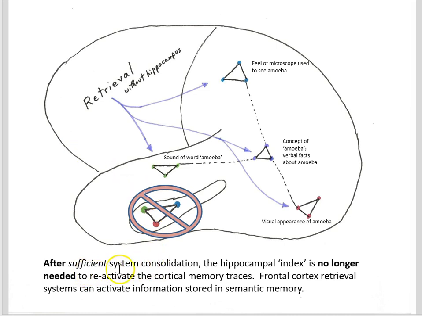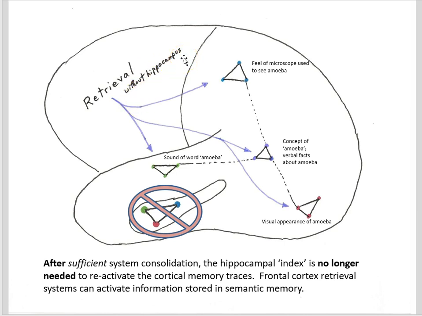Now, after sufficient system consolidation, then, the hippocampal index is no longer needed to reactivate the cortical memory traces. Frontal cortex retrieval systems can activate information stored in semantic memory. So at this stage then, after successful system consolidation, the cortical memory traces are strong enough that they can be reactivated by frontal cortex systems without the need of the hippocampus.